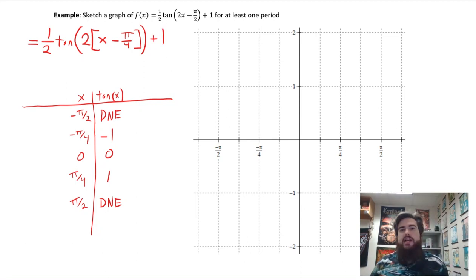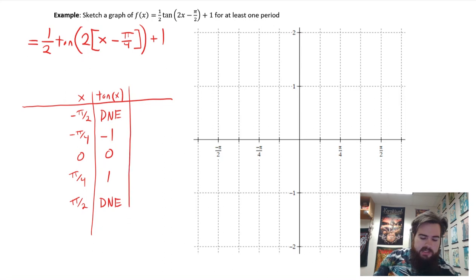Just like with sine and cosine, this will isolate the effects of the period change and the phase shift. However, unlike with sine and cosine, keep in mind that tangent has a period of just pi, which is going to change what we would expect to see with this.